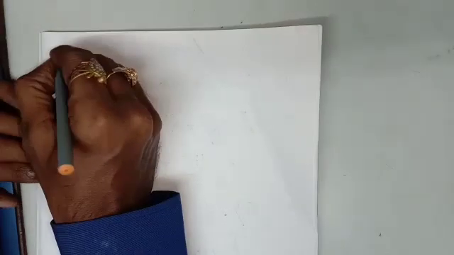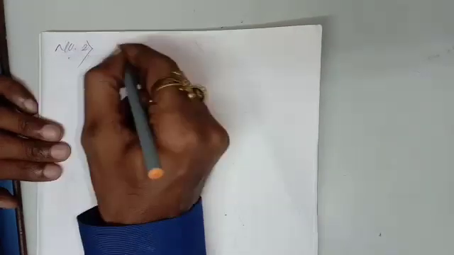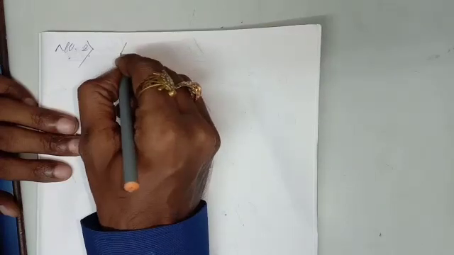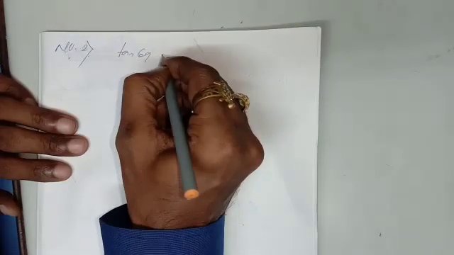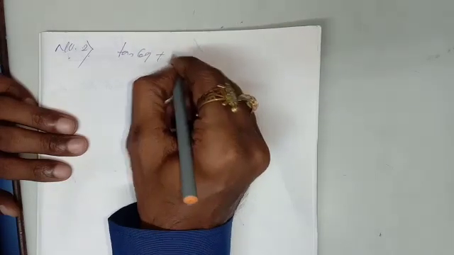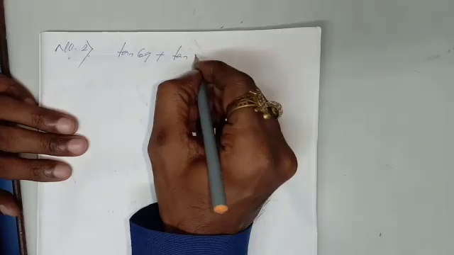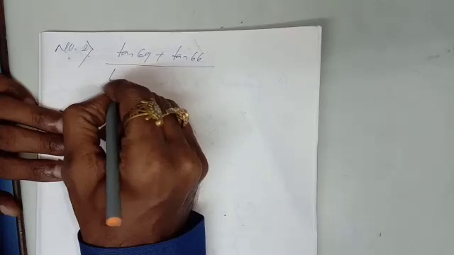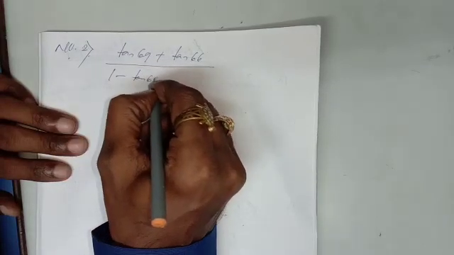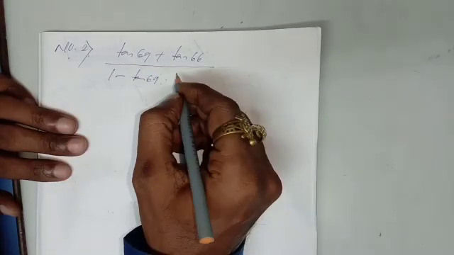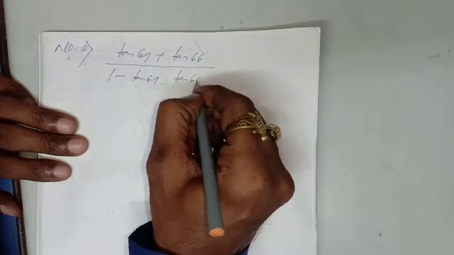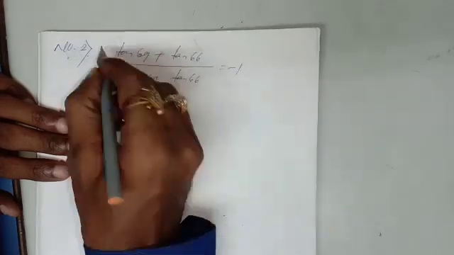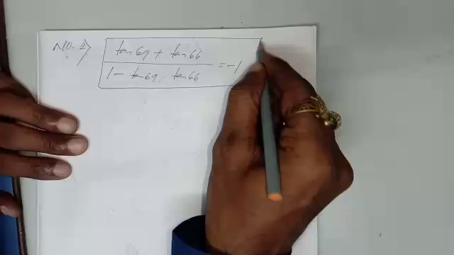Question number 2, you have to prove that tan 69 plus tan 66 whole divided by 1 minus tan 69 into tan 66 is equal to minus 1. This is the question given, you have to prove.